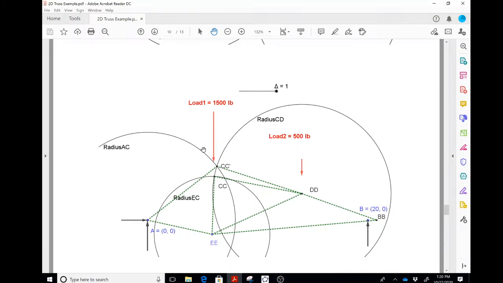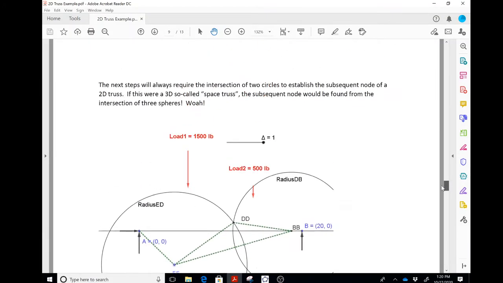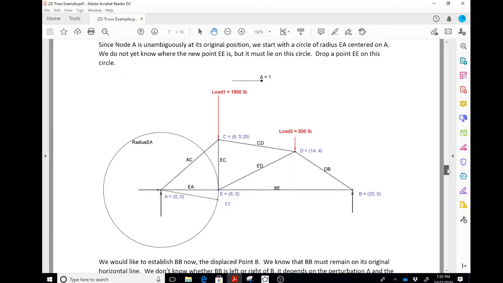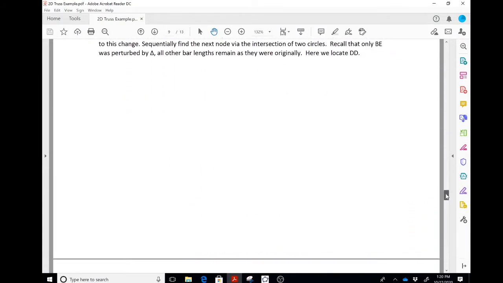But I can get CC from the intersection of, let me scroll up here and I think it'll make more sense, the CD centered on D and the EC centered on E, or I can get the new C point from EC centered on EE and AC centered on A. So that's what I did here, and I don't know if that's the best idea or not, but I did it.